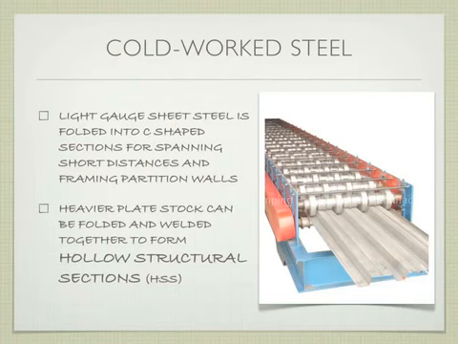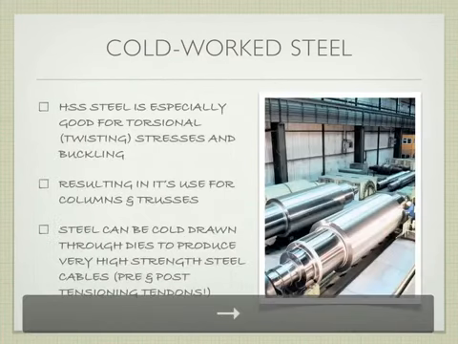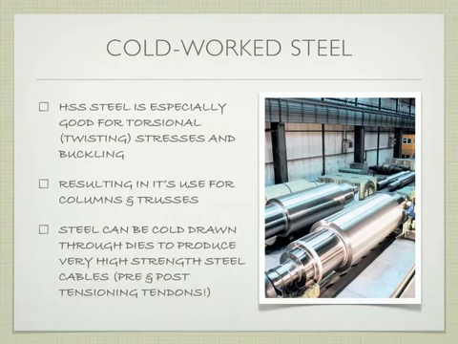After you fold it together, a machine will come and weld the joint of those two folded pieces together. And that's part of what makes it an extremely strong column for a building, right? So it's especially good for twisting torsional or twisting stresses and buckling. Great reason to use it as a column.